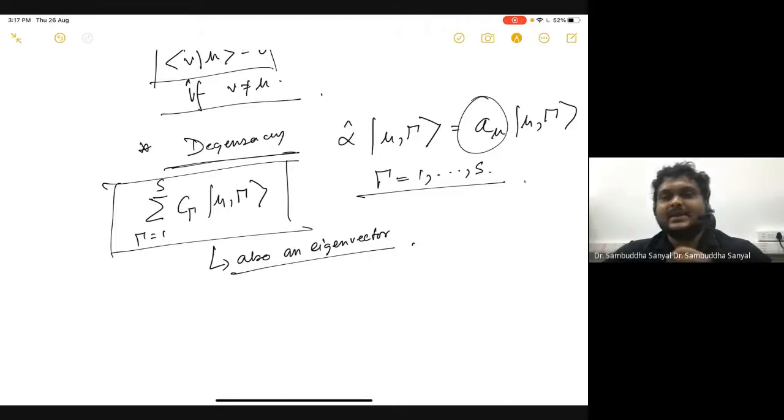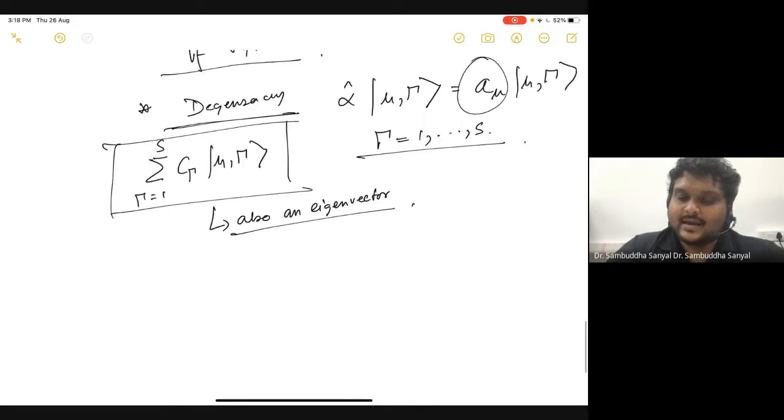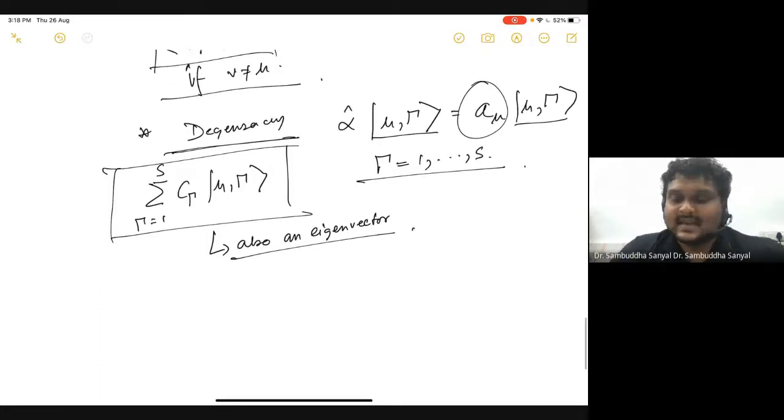So let me give a pictorial meaning for that. First of all, do you agree that that should be the case? If there are S eigenvectors which have the same eigenvalue, then any combination of them is also an eigenvector. Do you agree to that statement? Yes. Do you think that should happen intuitively?